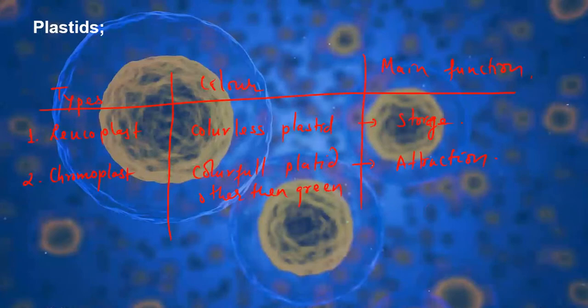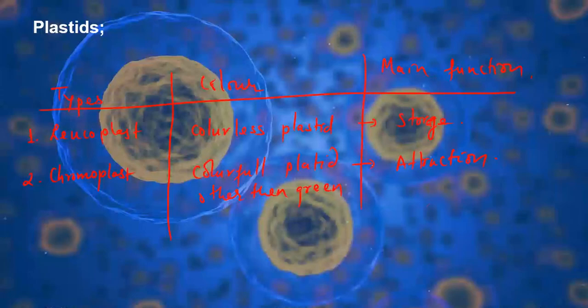Colorful part of flower, simply you can see a flower is a colorful part of the plant. Flowers attract insects during pollination, and flowers have chromoplast in them. The final one is chloroplast. Simply this one is green in color. What are the main functions of chloroplast? Green color. Photosynthesis. It helps in photosynthesis.